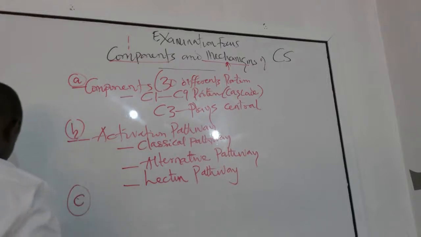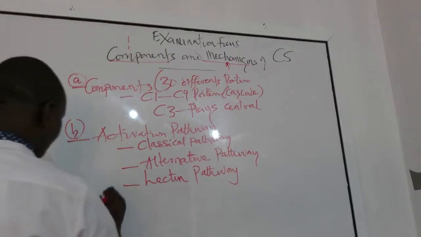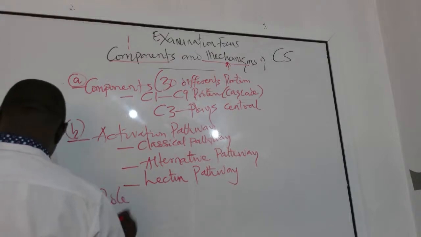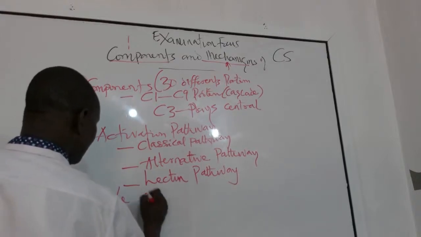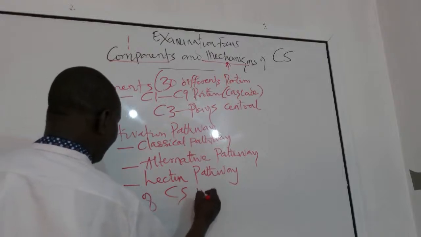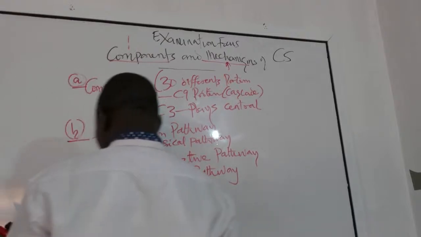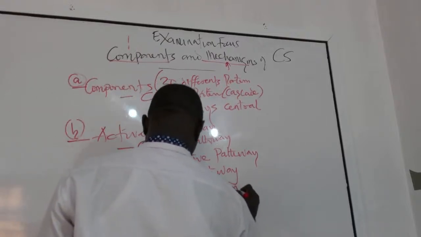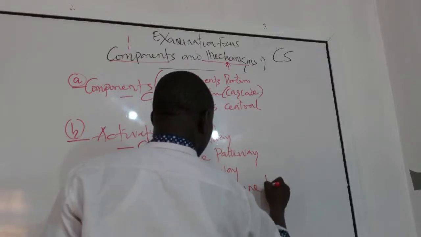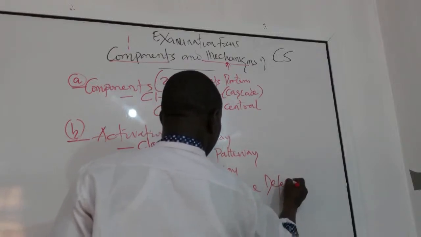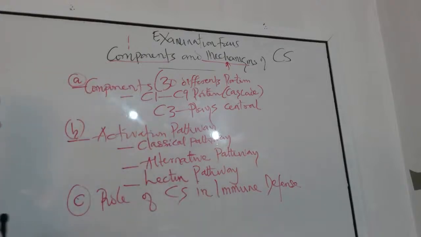Then the third aspect, you should be able to talk about the role of the complement system in immune defense, or in the immune system. So you should be able to tell us the role played by the complement system in the immune system.